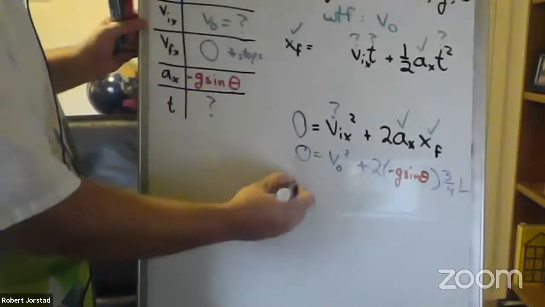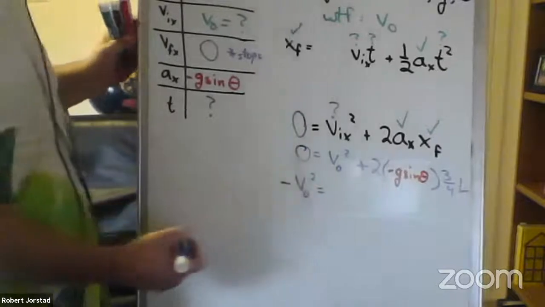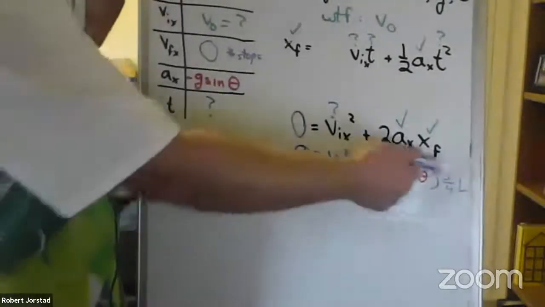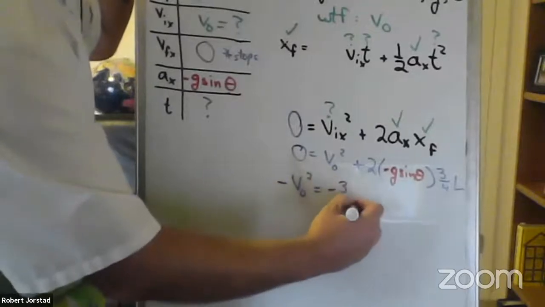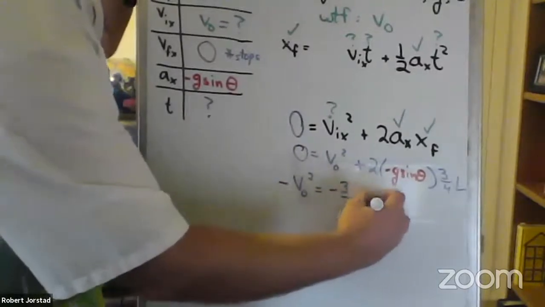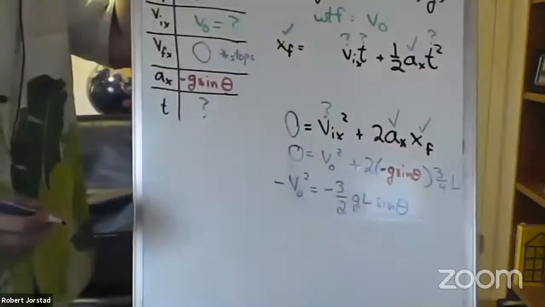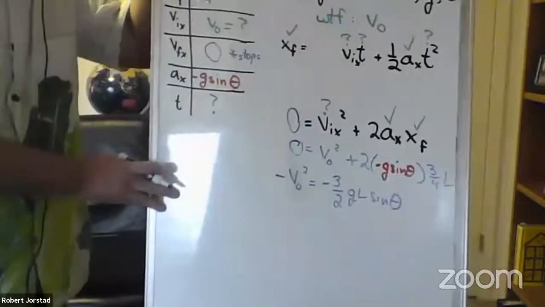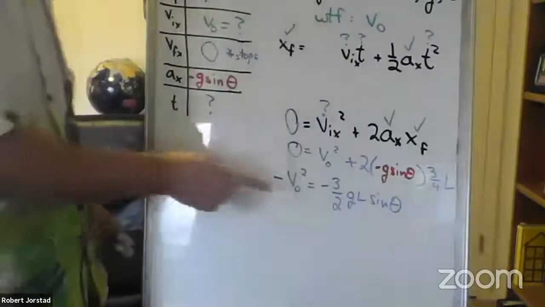So that would be negative V0 squared. That'll give us an opportunity to talk about order of operations. Over here, the 2 times, that looks like negative 3/2 GL sine theta. Sorry for that glare.